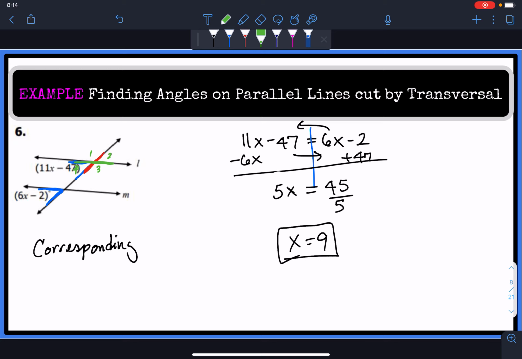Angle 4 is on the bottom left hand corner, and the same thing with the transversal and the parallel lines: 1, 2, 3, 4. Notice that they're located in the exact same location, the bottom left hand corner, from the 4 respective angles that are created. So they're corresponding angles, which means that they are congruent.